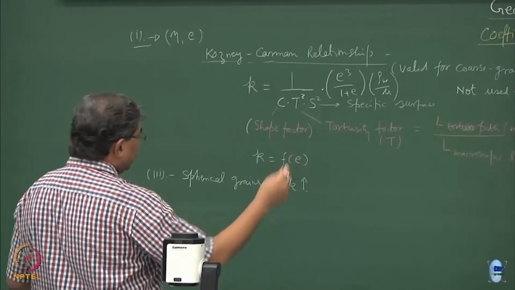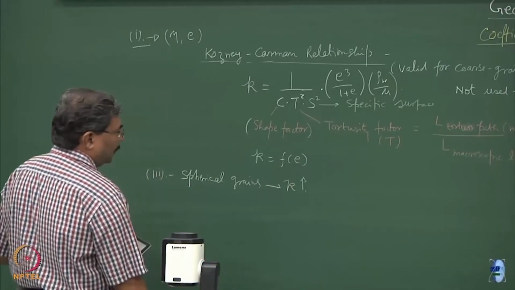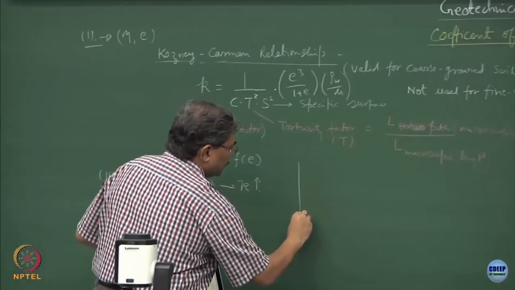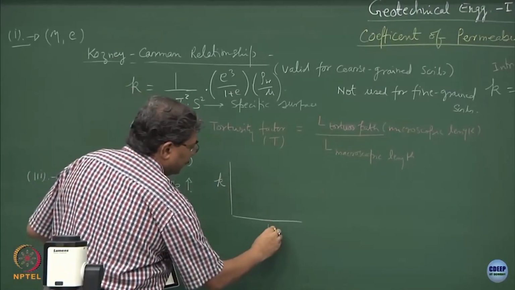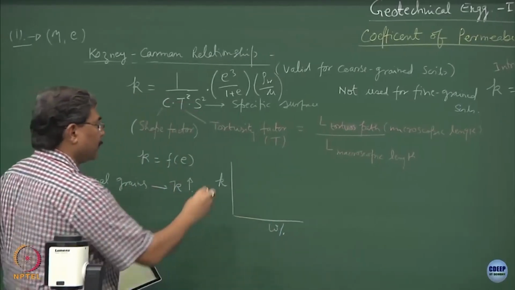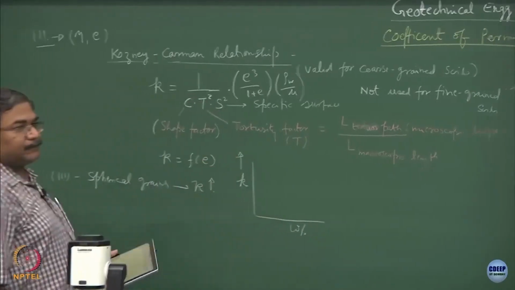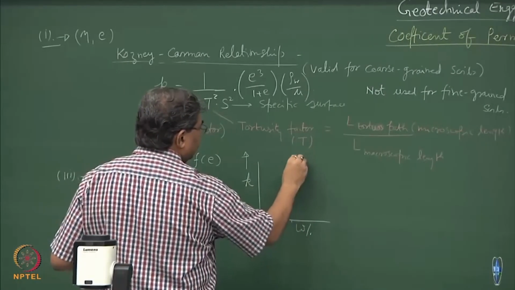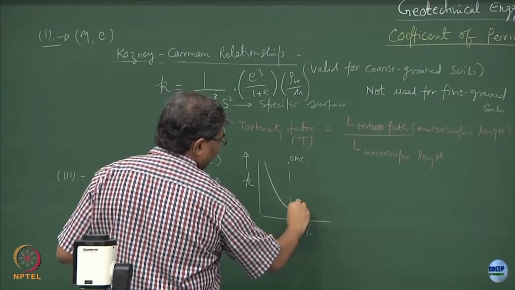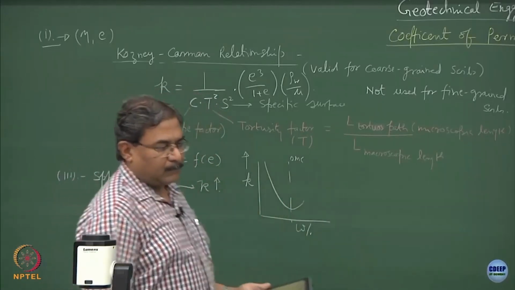Now, as far as the orientation of the particles is concerned, I hope you remember this equation or relationship which I had plotted some time back when we were talking about the compaction curve, and what I had shown is that if this happens to be the OMC, you have the variation like this. Alright.